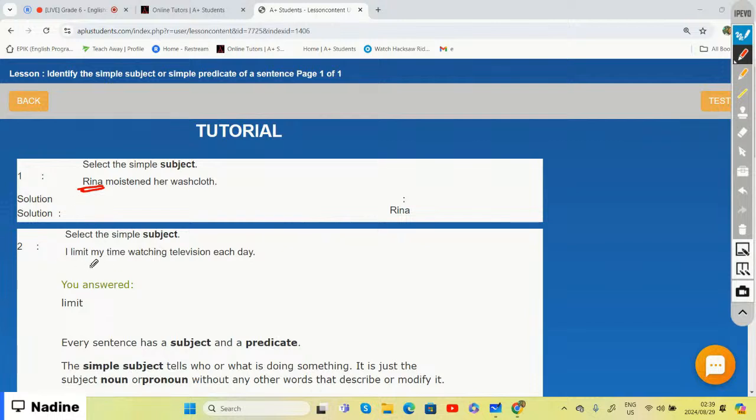The next one says, I limit my time watching TV each day. We need to select the subject, the simple subject, only the noun or the pronoun that tells us who or what is doing something.